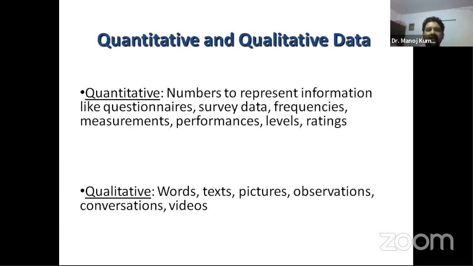In some sense you can transform qualitative data into quantitative data, but some information may not be transformed into categorical or quantitative form. That is another drawback of transforming data from one form to another.